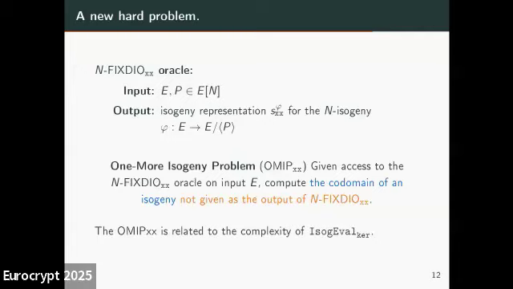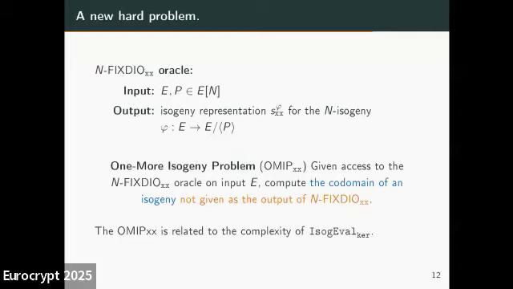If I look at the pseudo-randomness and the unpredictability of my VUF, I have something which is more ad hoc. If I introduce this oracle that just takes a curve and a point, and outputs a valid representation for the isogeny associated to that point, then the problem I rely on is this one-more isogeny problem, where I'm given access to the oracle a bunch of times, and then I need to produce a new valid codomain of an isogeny which was not given as the output of the function.